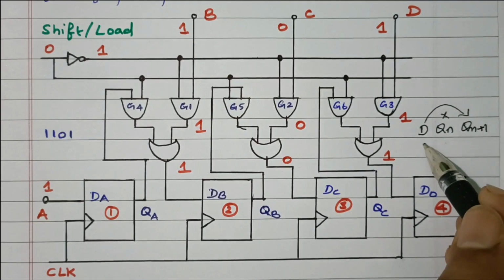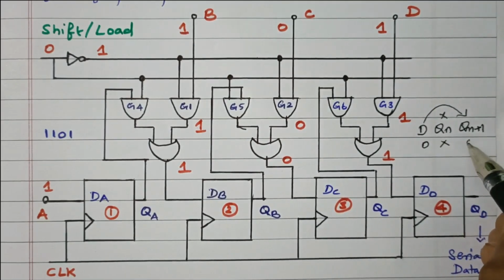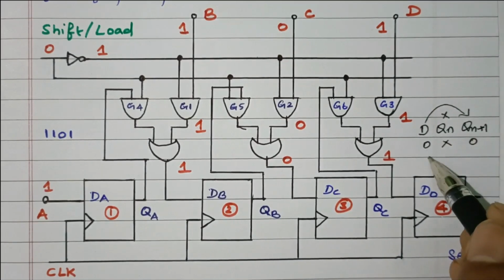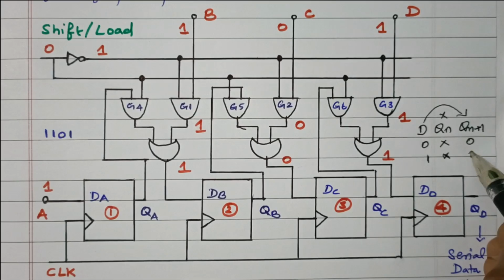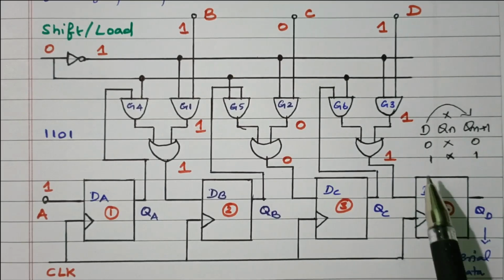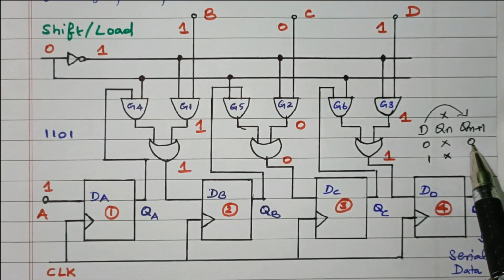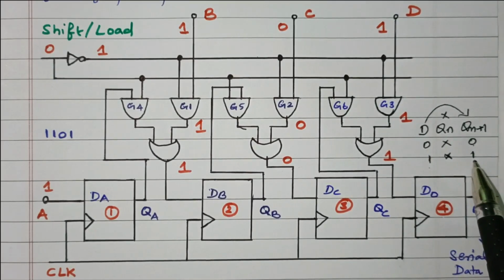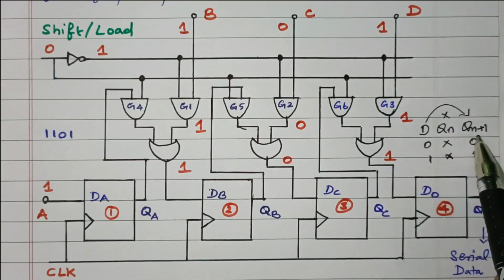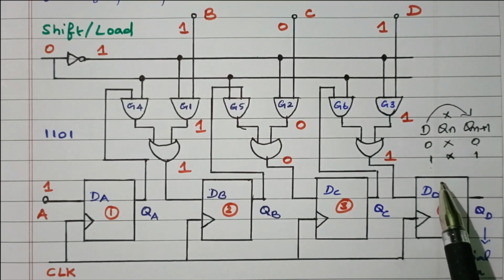For example, if D equals 0, whatever the present state, the next state will be 0. Suppose D equals 1, whatever the present state, the next state will be 1. So D equals 0 means the output of the D flip-flop is 0, and D equals 1 means the output will be 1. The input is reflected as the next state of the flip-flop, not bothering about the present state.